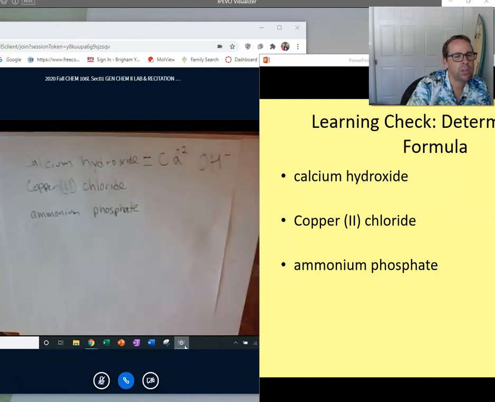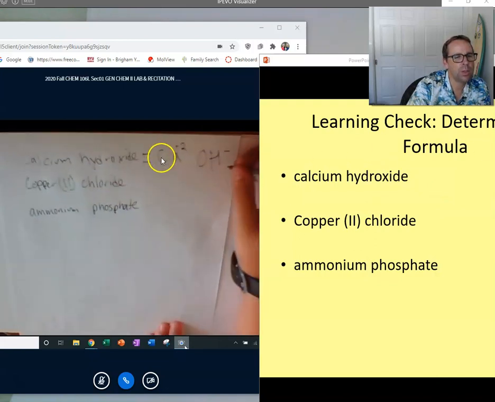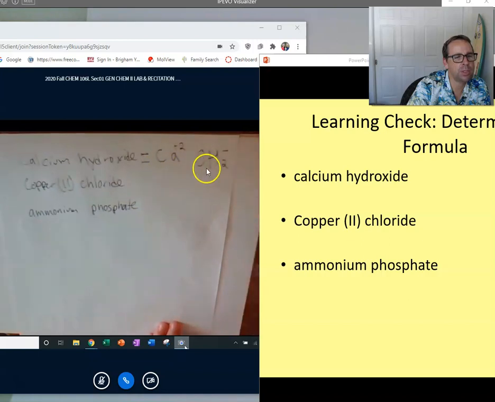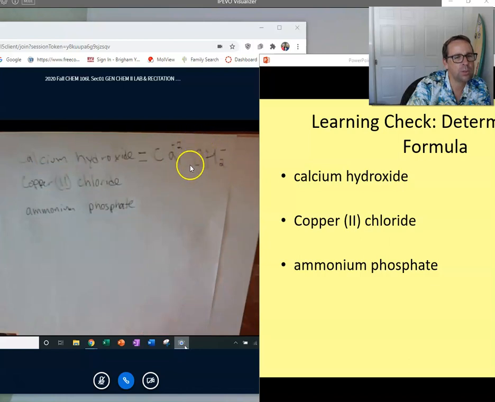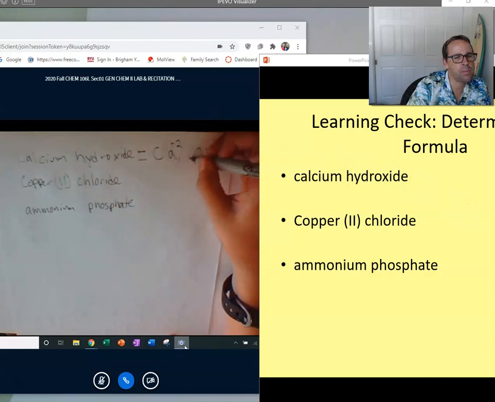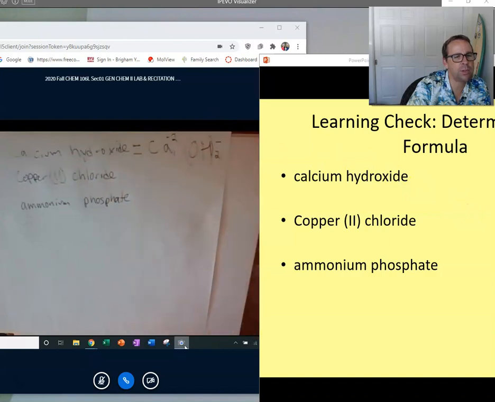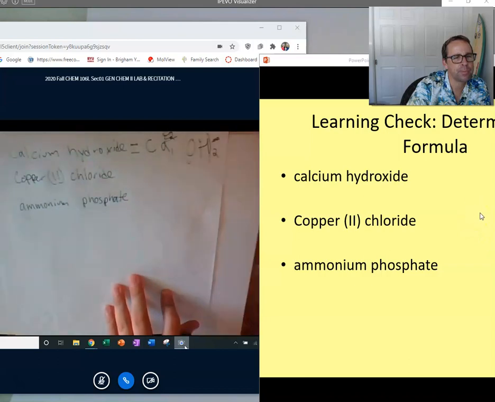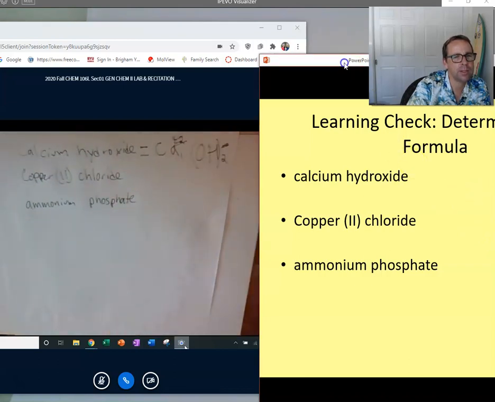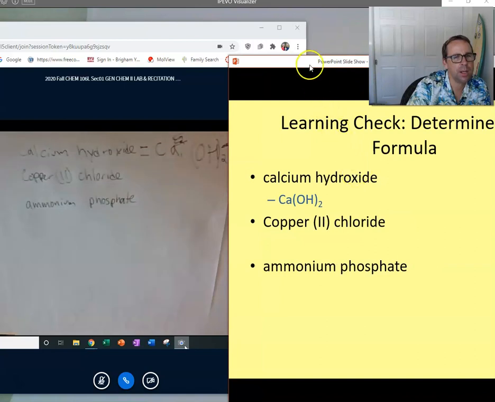Very good. So, what's the resulting compound going to be? 2, one of those, and you need the parentheses around the hydroxide ion, right? And then you don't want to have the charges up there. Very good. Excellent job.